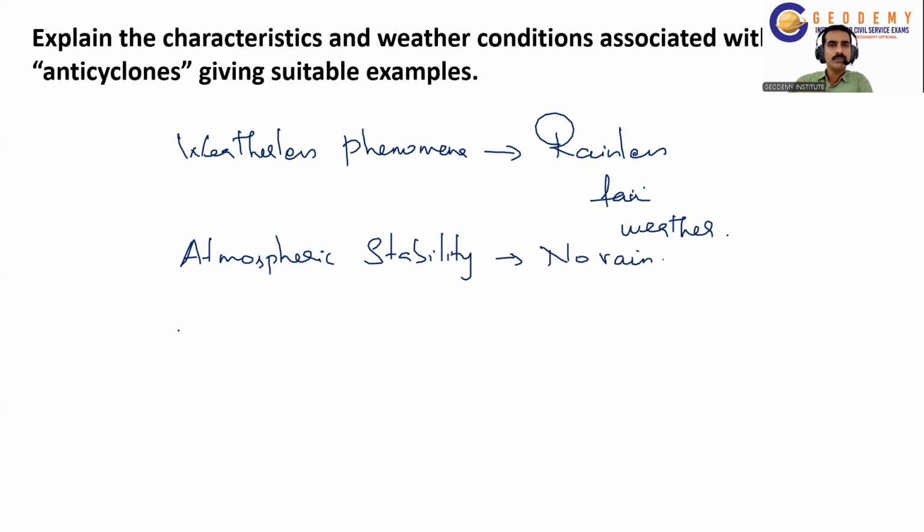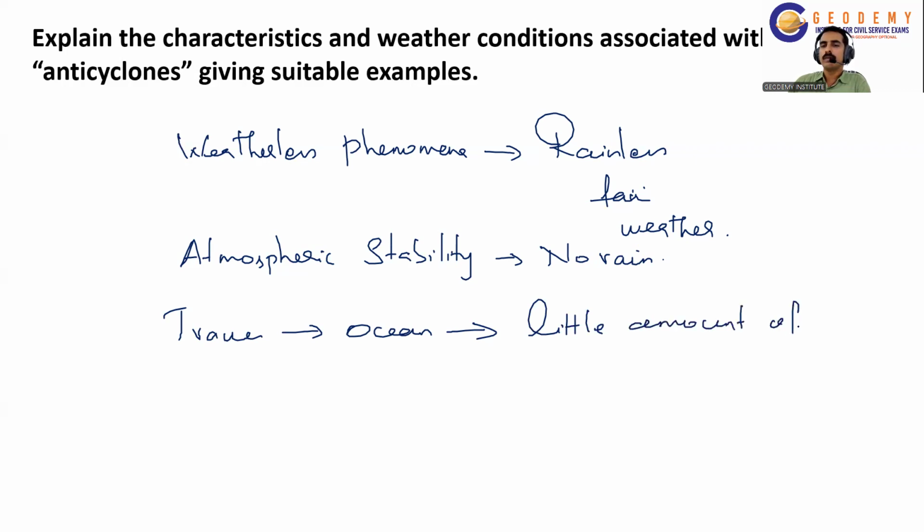This is another condition. Sometimes, if the anticyclonic system travels over the ocean and the ocean has moisture content, it will rarely give a little amount of rainfall over some regions, when the anticyclone moves over a warm surface ocean.